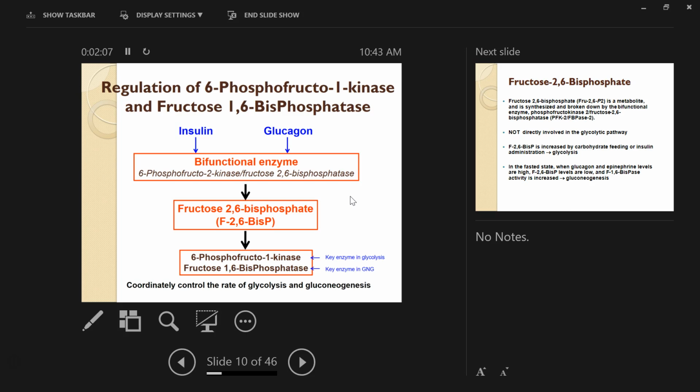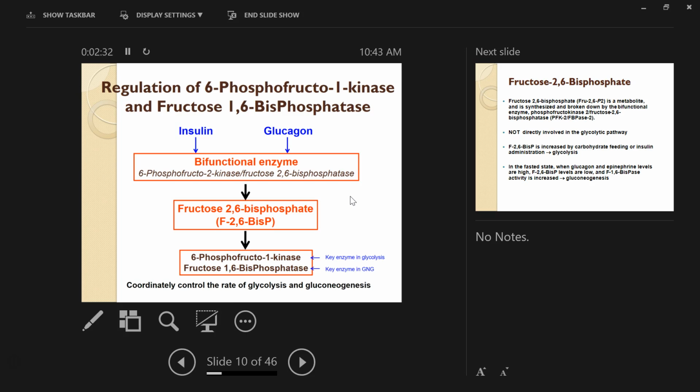The regulation of this pair of enzymes is kind of special. We want to introduce one enzyme that regulates this pair of enzymes, which is called a bifunctional enzyme.